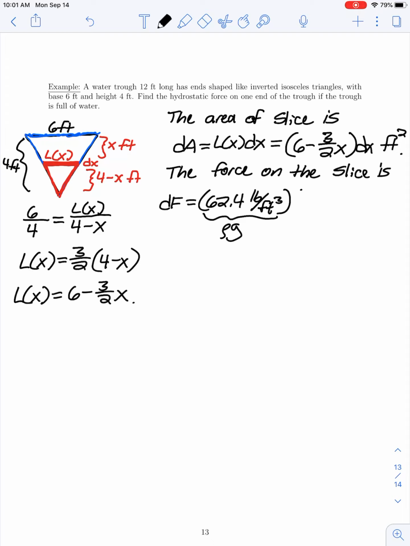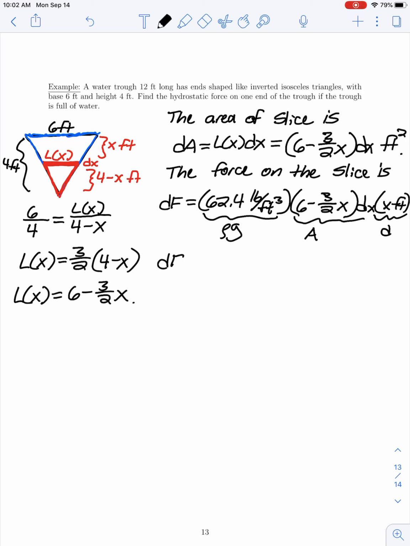Then we multiply by the area of our slice, which was 6 minus 3 halves x dx square feet. So this is our area. And then we multiply by the depth at which our slice is submerged, which was x feet.